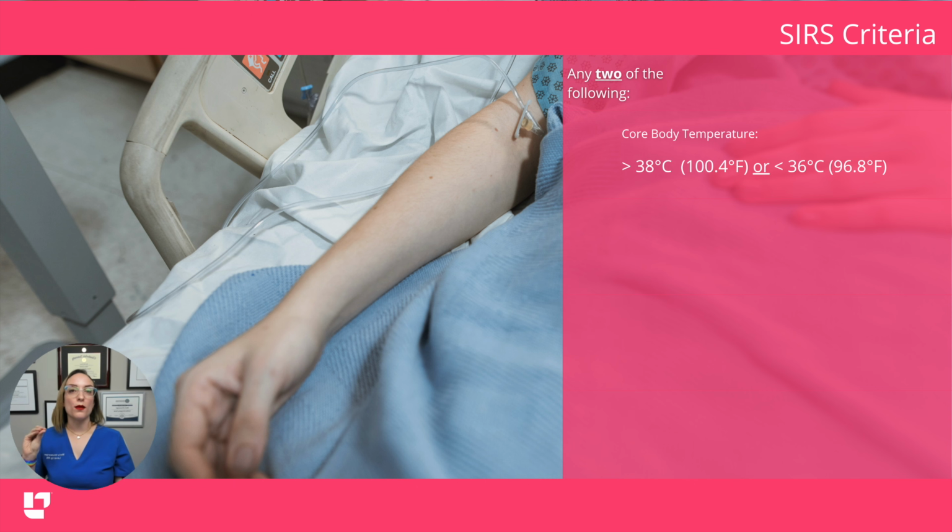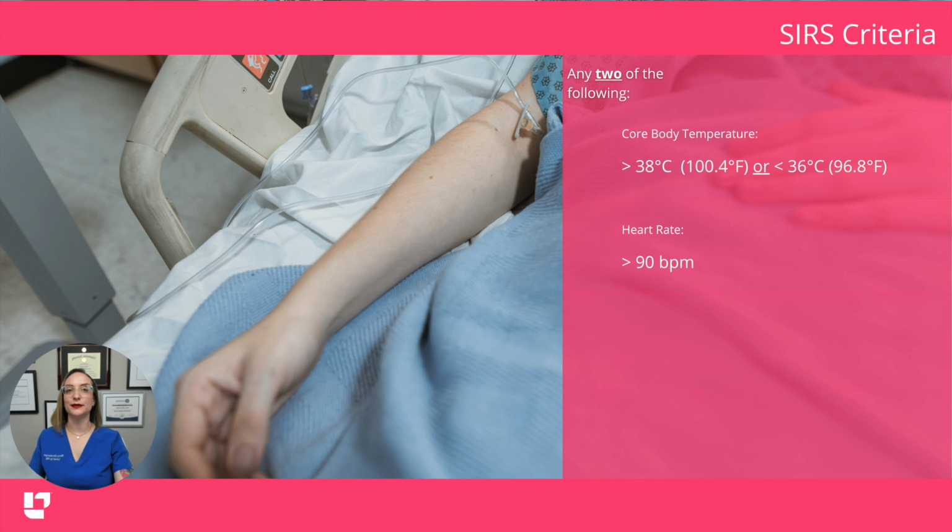So again, you might be familiar with thinking of SIRS as being related to infection, and when you think infection, you think fever. And that is true for some portion of this, but also if we have hypothermia, this is a SIRS criteria as well. So if we're living in that middle, normal, healthy, happy range, we're doing okay, we're not worried about it. However, if I am febrile, over 38 degrees Celsius, or I am hypothermic, below 36 degrees Celsius, 1 point there for me.